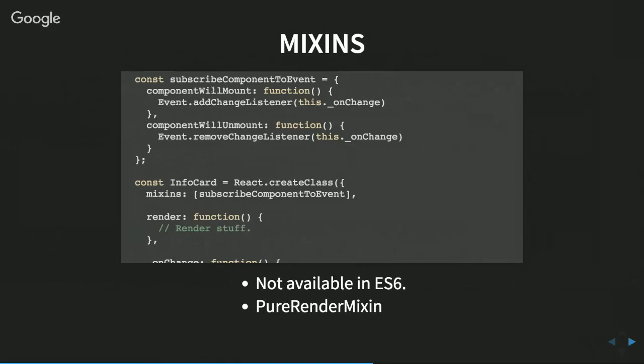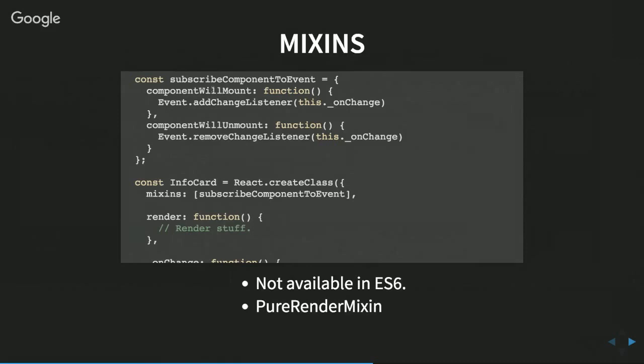So if you can guarantee that your component is completely pure, and that your input always guarantees the same output, then you can use pure render mixin, and React will be more intelligent about how it renders your components. There's a caveat though. If you attach pure render mixin to the top level components and there was a change, but your structures are just simple objects, it's not actually checking every property.